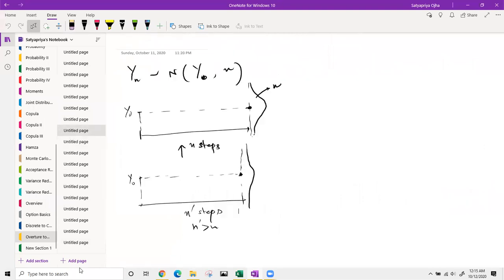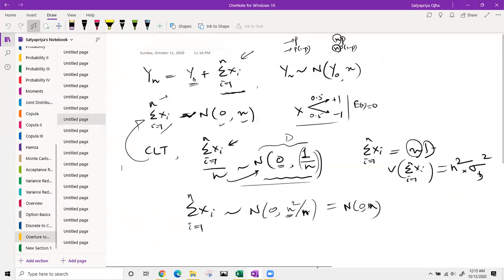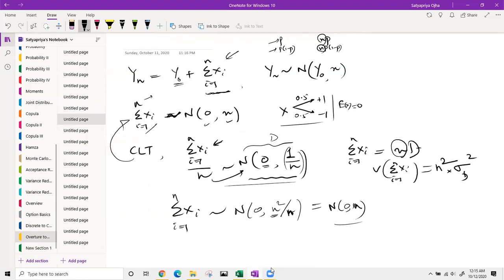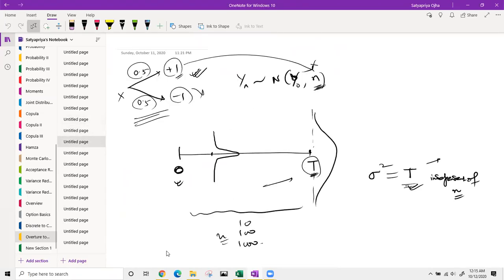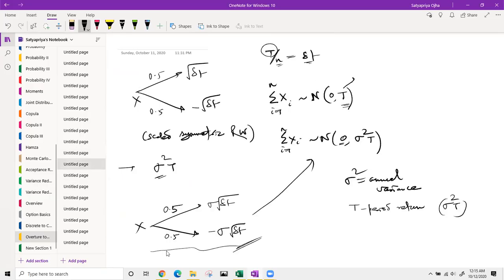We started from simple symmetric random walk, long time before, here. Then we did enrichment slowly. This was not adequate because it was dependent on number of steps. Then we landed here. This one.